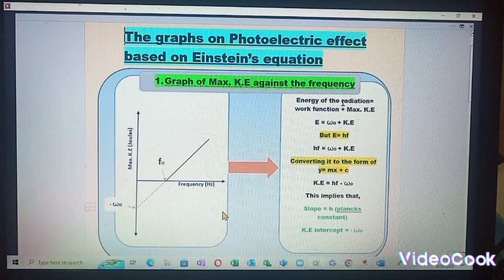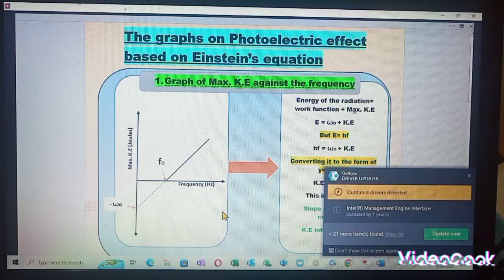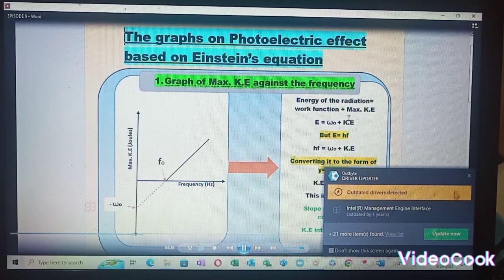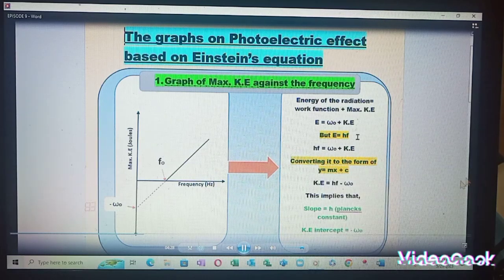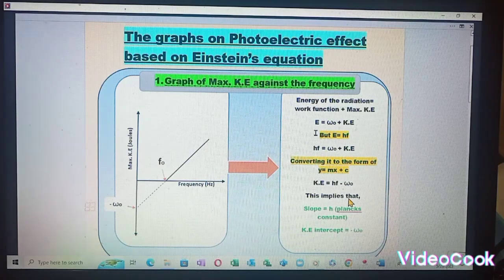So the energy of the incident radiation will be used first to dislodge the electrons, and that is what we call the work function. Then the remaining energy will be used to move the electrons away.